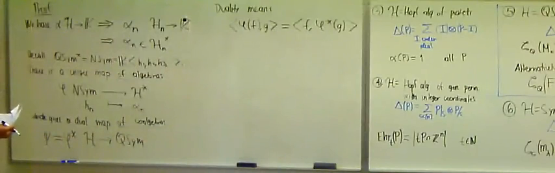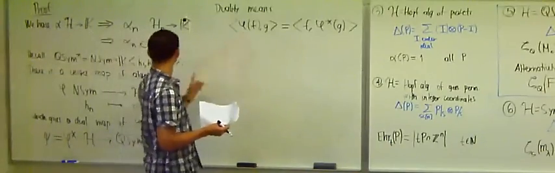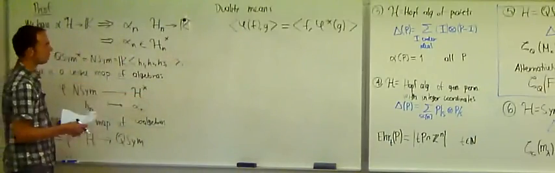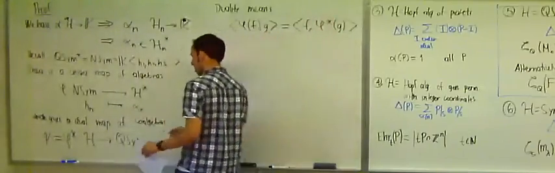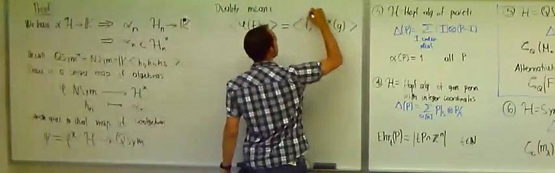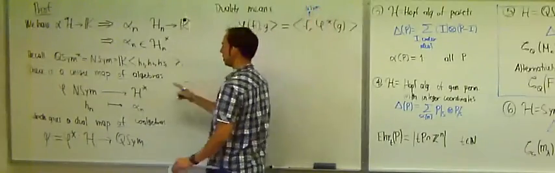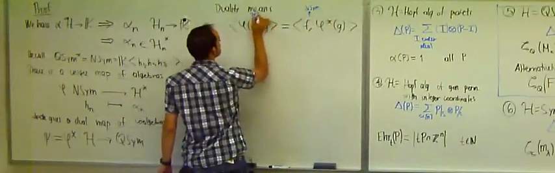Now, what are these inner products? Where does this live? Phi of f lives in H star, and so here I should say f lives in NSYM, right? And then phi sends it to H star.